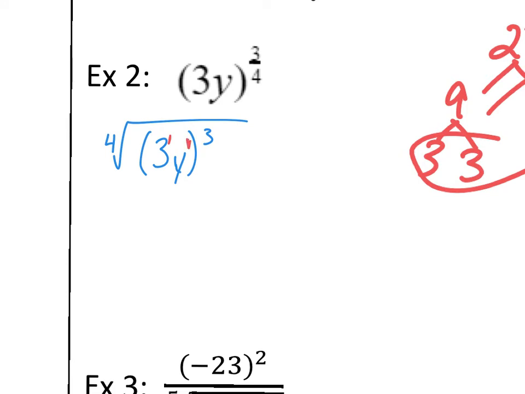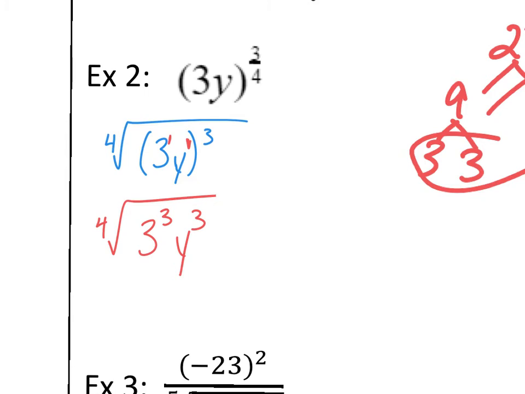Okay, so now I can distribute that 3, just like she said. So I'm going to end up with 3 to the 3rd, y to the 3rd. Good. 3 times 1 is 3, 3 times 1 is 3. Everybody understand how to do that part?